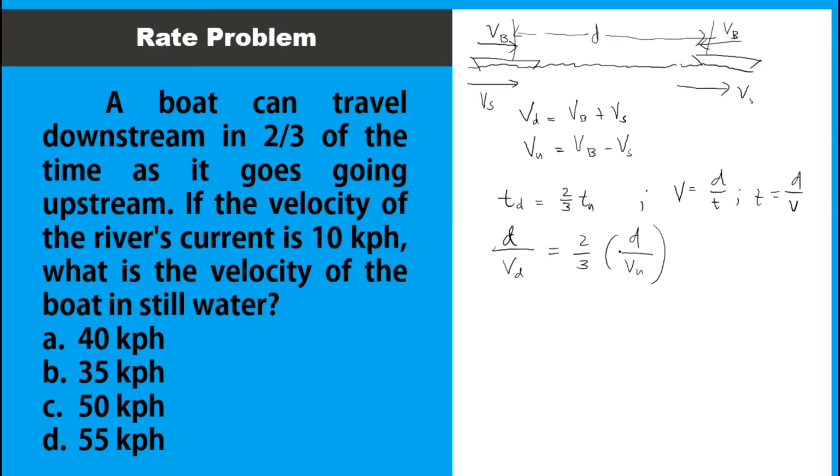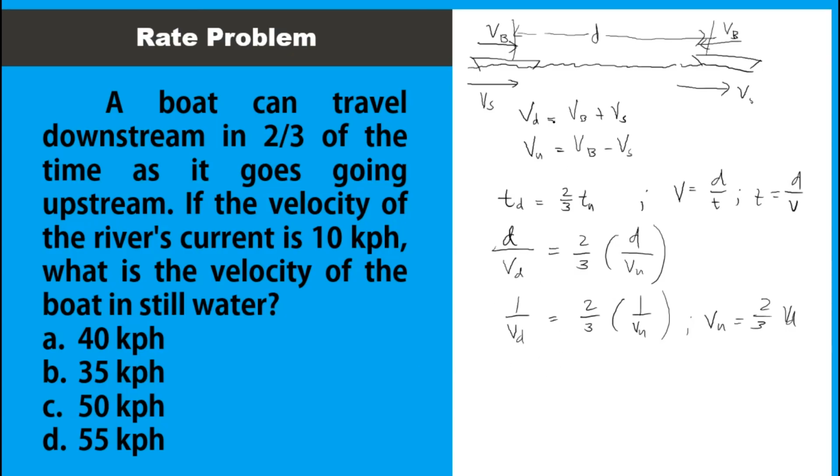So we can cancel this distance. We have 1 over VD is equal to 2/3 times 1 over the velocity upstream. We can say that the velocity upstream is equal to 2/3 the velocity downstream.